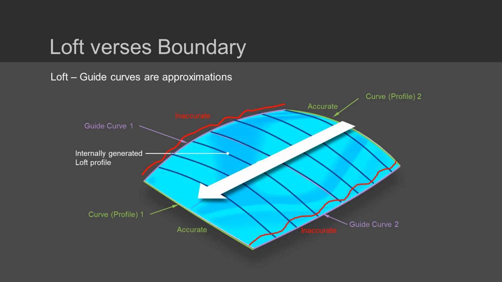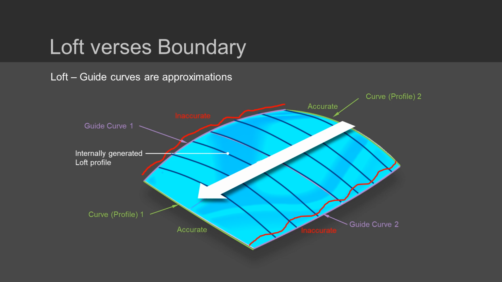Another important distinction between Loft and Boundary, and another reason it was conceived, is that with Loft, what's really happening underneath the covers, if you will, is it's taking the profile and creating temporary profiles along the guide curves to define that surface. So what results is you get something that to the human eye looks correct, but there are minute differences along the guide.